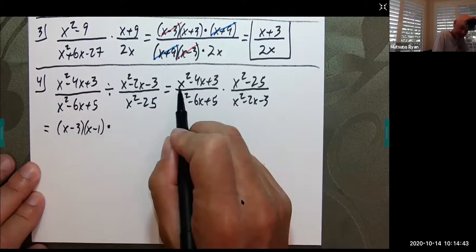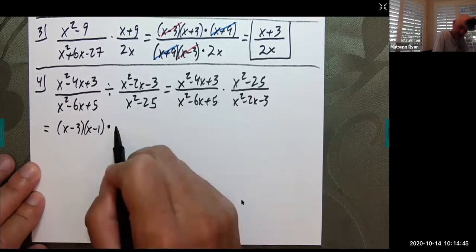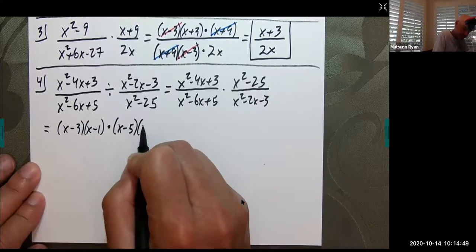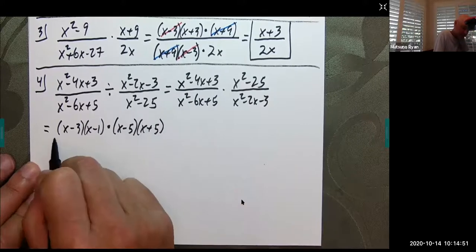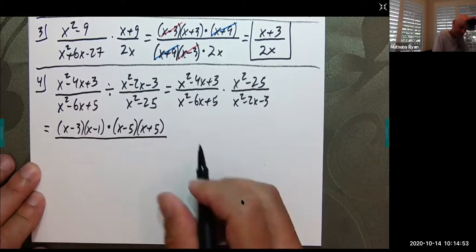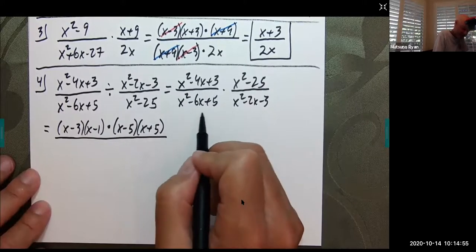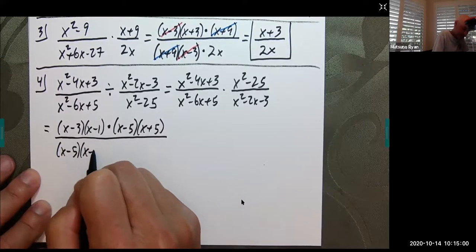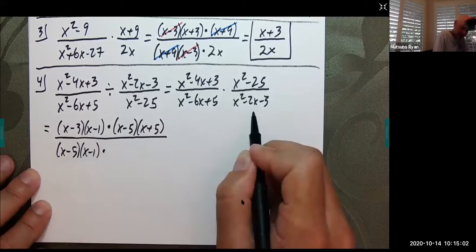That's that factored. Times this factored, this is the difference of squares. Over, and then now I'm going to factor that. And I'm going to factor this here.